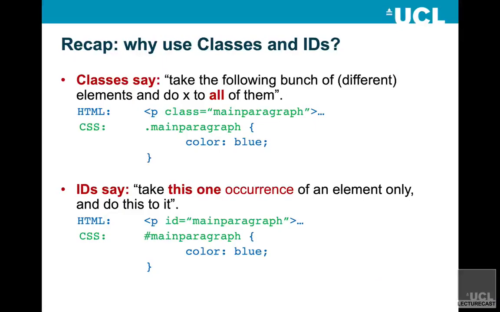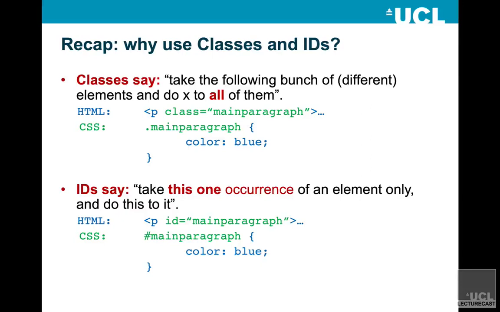So what have we learned here? Even though it appears that classes and IDs will do something rather similar, in reality they are quite different. Classes will allow you to group elements into a single bunch, and that way you can control the appearance of this bunch of elements, while IDs will actually specify a unique element within your HTML page, and you will only be able to control a unique element within this page.